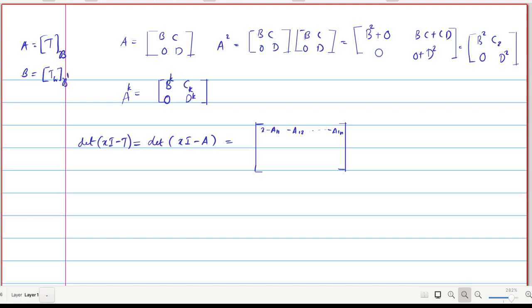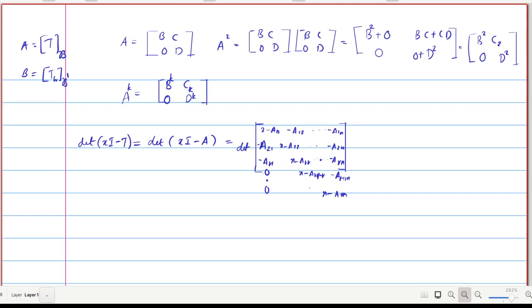Then we have minus a21, x minus a22, etc., all the way up to minus a2n, and minus ar1, etc., x minus arr, etc. Here we have 0 anyway, up to this point we have 0, and here we have x minus a r plus 1, r plus 1, etc., minus a r plus 1 n, etc. Finally we have x minus ann. So the determinant of this matrix is the characteristic polynomial.